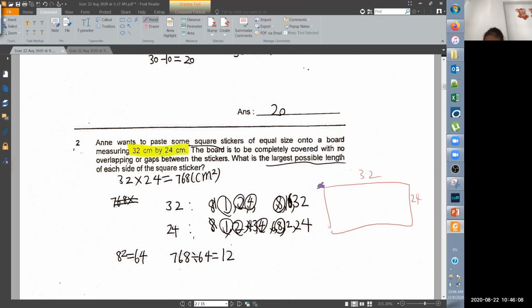You should pick 8 times 8, so that you won't waste. This question is like this.